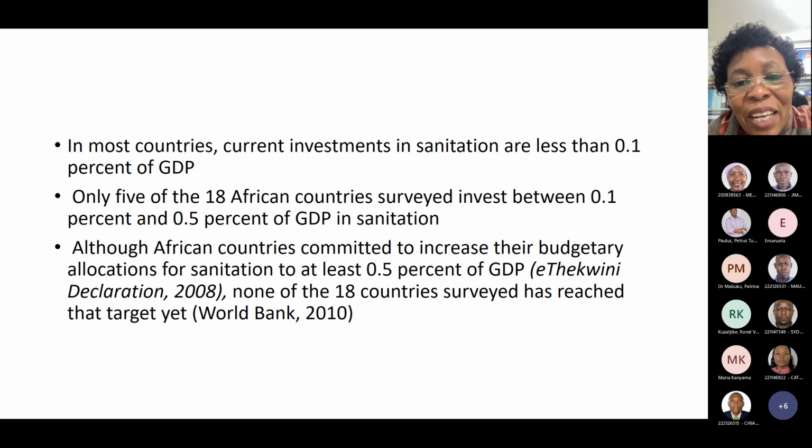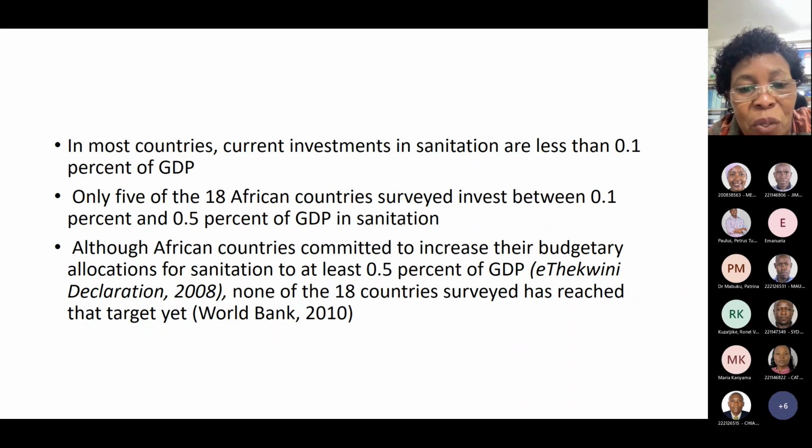Only 5 of the 18 African countries surveyed invest between 0.1% and 0.5% of the GDP in sanitation. Now, these are the countries that I mentioned to you earlier on, which spend about 500 million on costs for waterborne diseases.